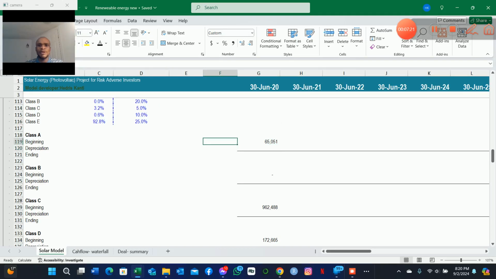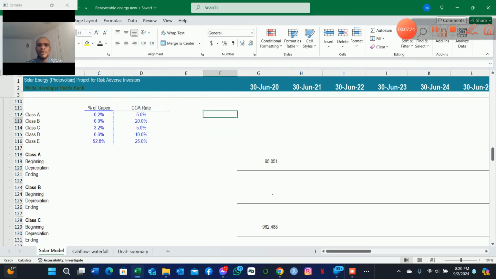In Canada, we always have a CCA tax, which is the capital cost allowance, that grants you the access to deplete your assets to a certain degree based on the class that your assets fall under. So you deplete your assets based on the class your assets fall under. And also, we have a half-year rule that allows you to deplete your assets based on that half-year rule, and then you can carry the balance of that capital cost allowance forward into the future.